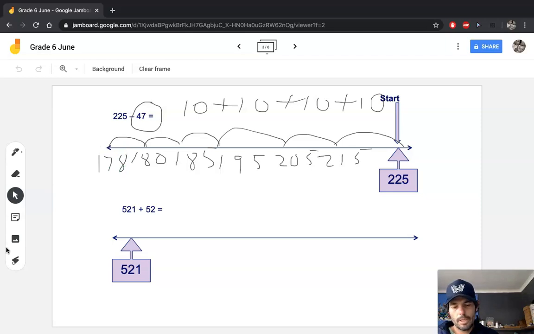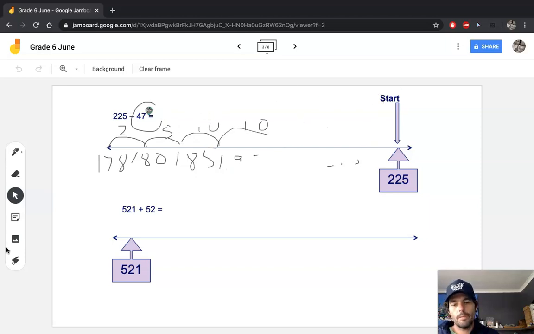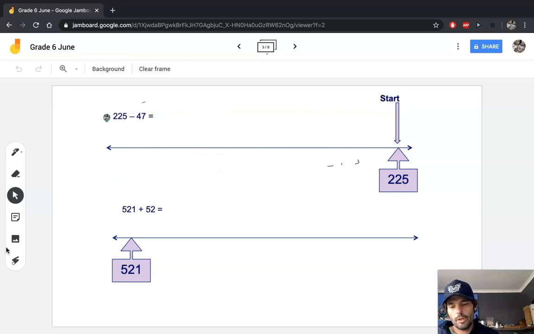So we've jumped 10, a second 10, another 10, and that's given us 40. Then we decided to jump back 5 and then 2. Okay. Now you could also, if you wanted to, jump back in 20s. So if I went 20 back from 225, that's going to give me 205. And if I went another 20 back, we know that's going to give me 185.